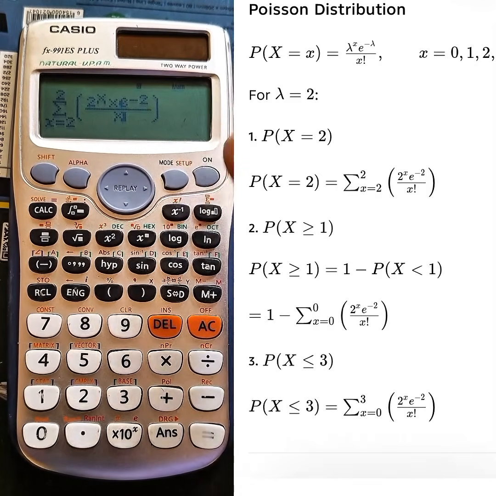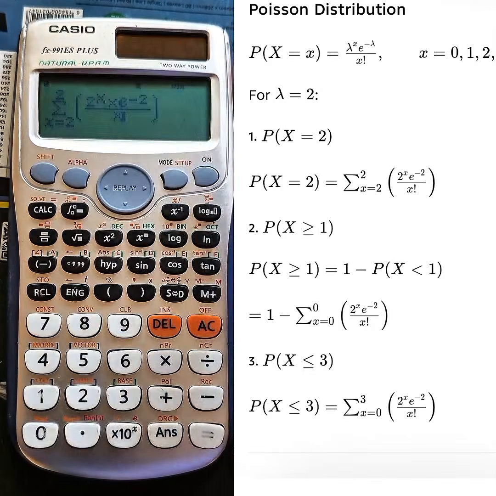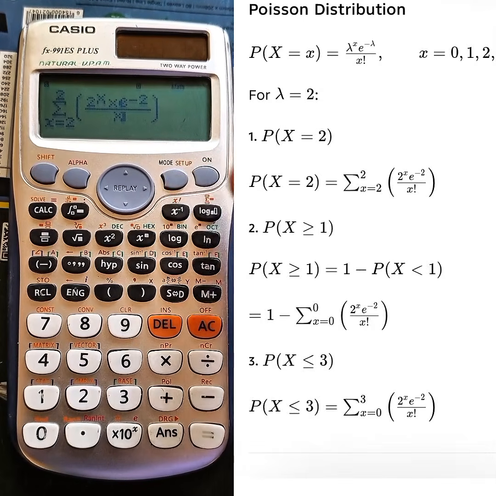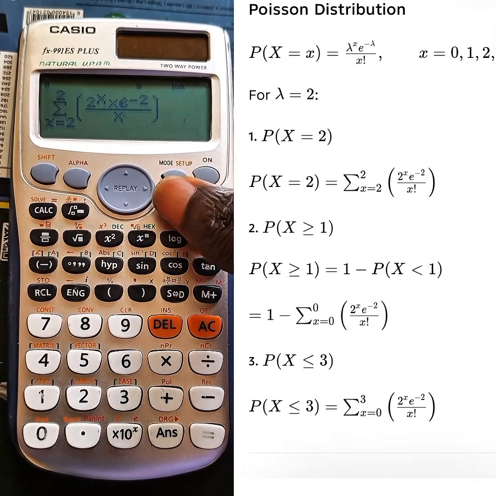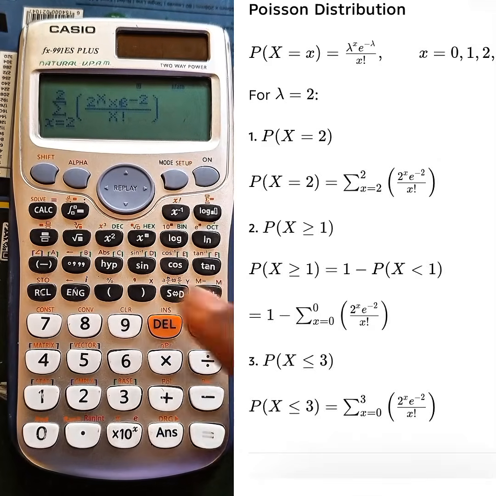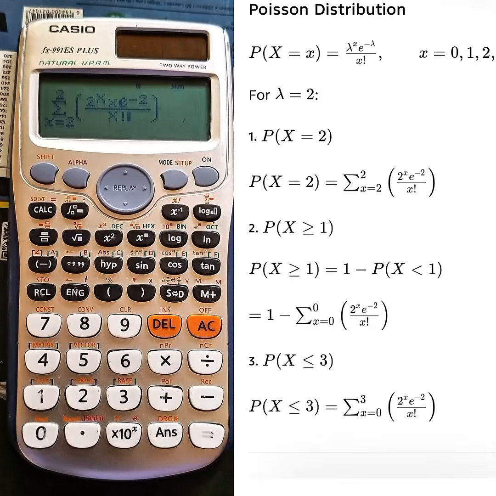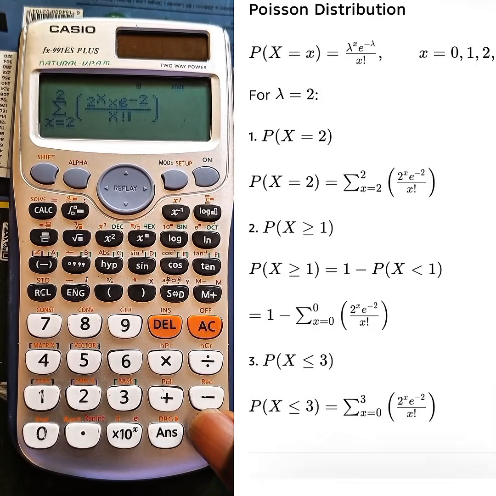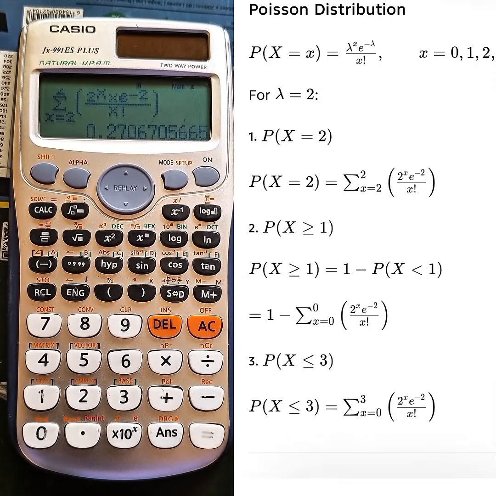For the factorial, you press shift, then press this x inverse here, and you get your x factorial. That's all for it. Now you press equal to. The answer for getting exactly 2 people is 0.27067.